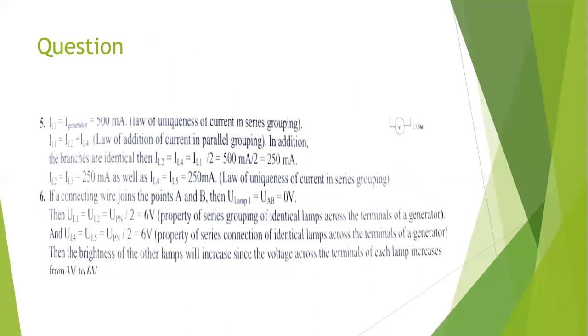In addition, the branches are identical. Then IL2 equals IL4 equals IL1 over 2 equals 500 milliampere over 2 equals 250 milliampere.